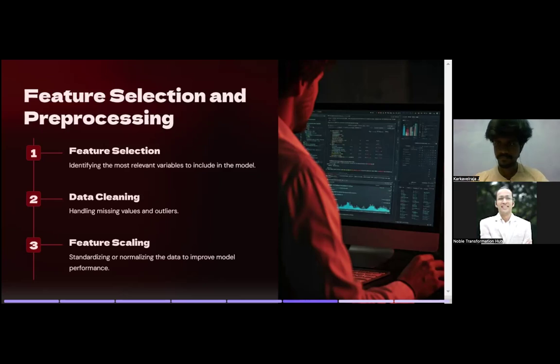You select features which are the most relevant for your model as per the objective function and characteristics of the data. Data cleaning: handling missing values and outliers. This is data cleaning, you know how to clean data. Like you have different kinds of vegetables in your farm.